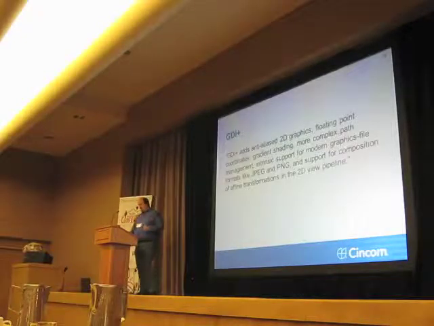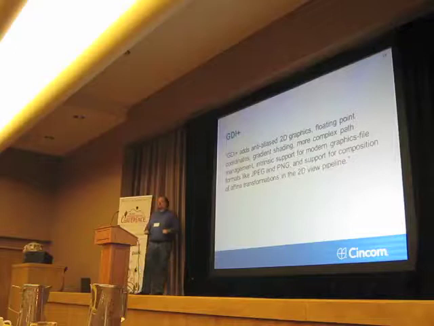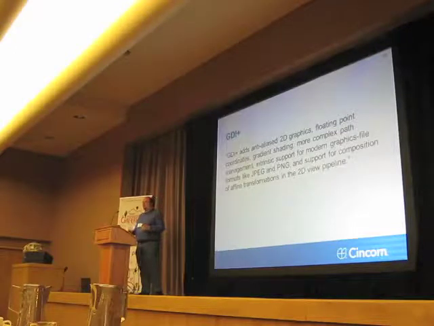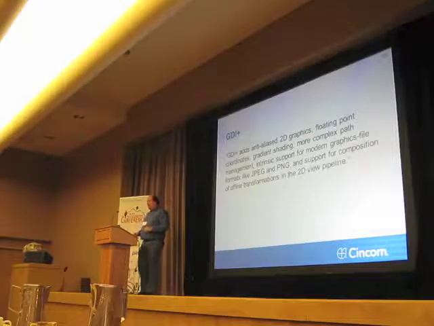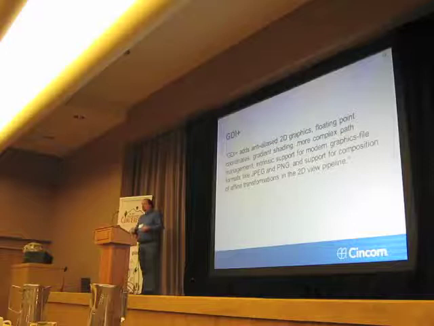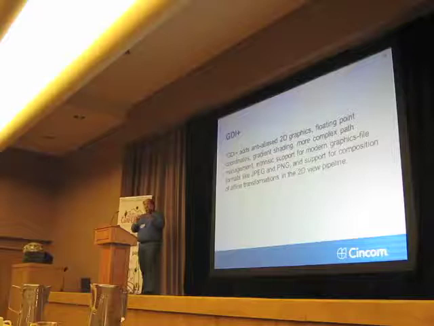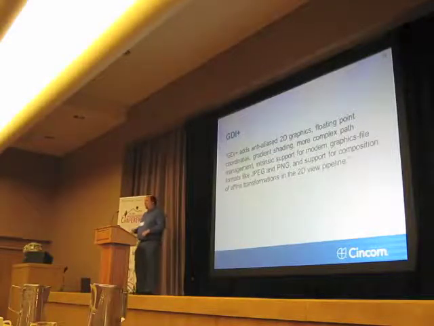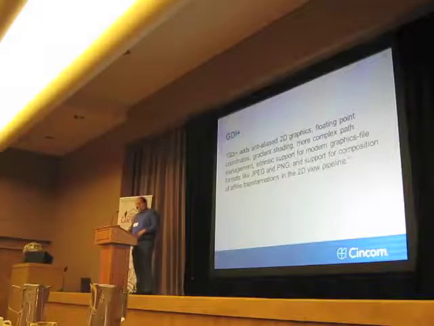It adds a lot of stuff that you were missing in Windows, or before Windows XP actually. Stuff like anti-aliasing, floating point coordinates, gradient shadings, complex math management, and something that I always wanted to have, JPEG and PNG support, without me writing the decoder or encoder.